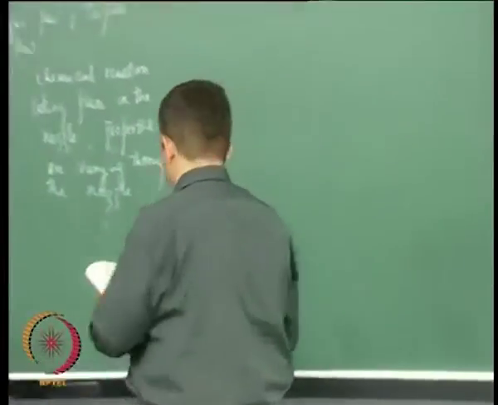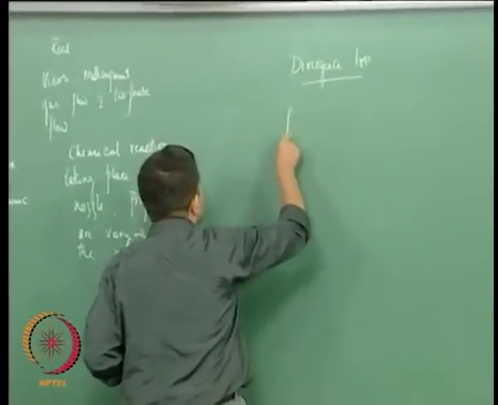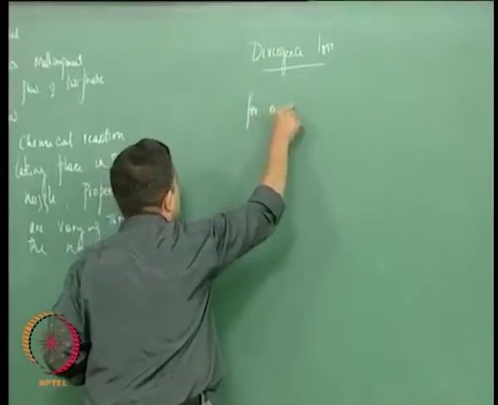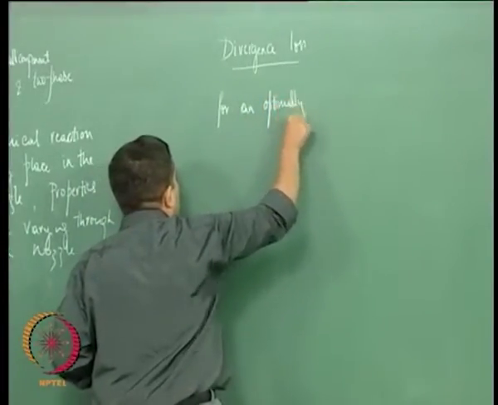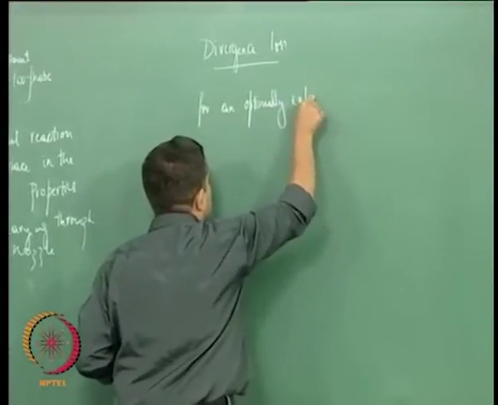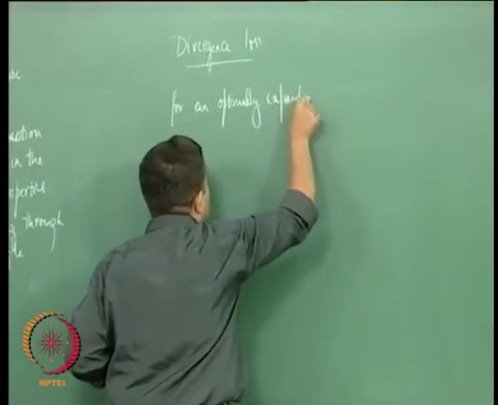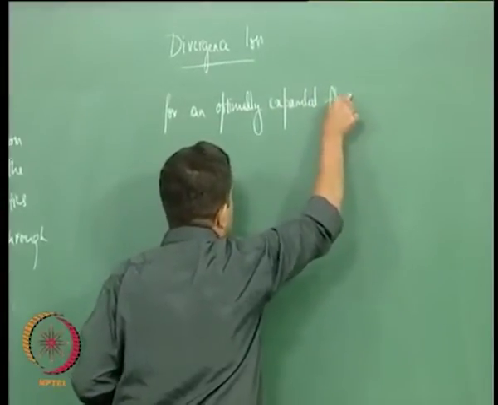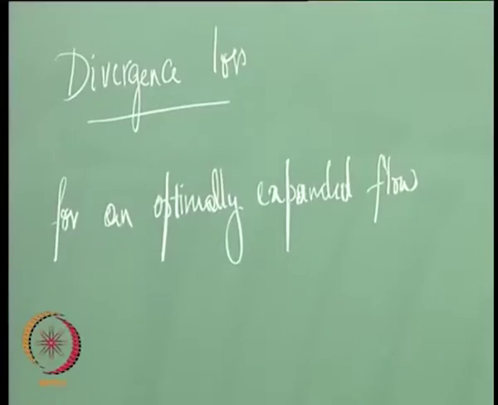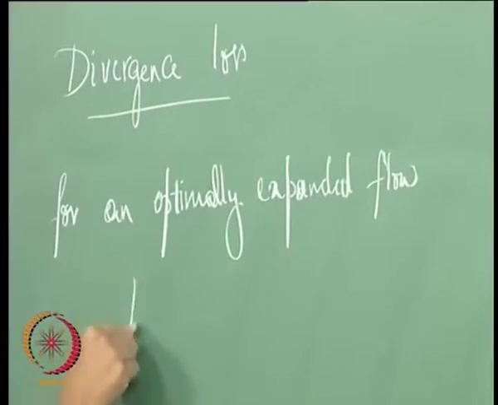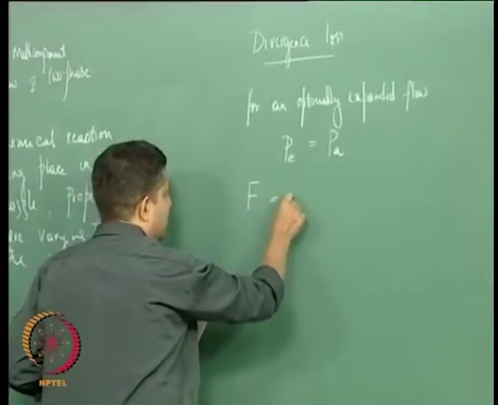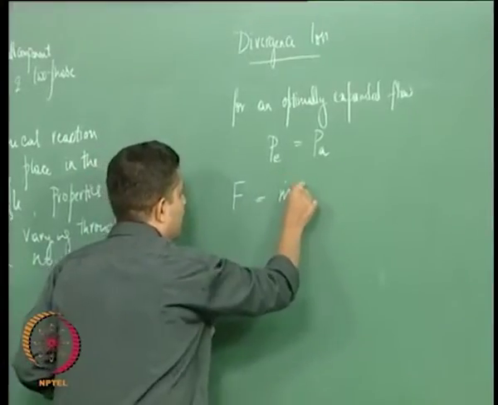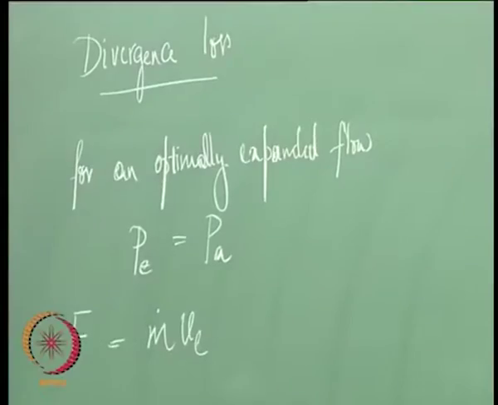So, if we assume optimally expanded flow, then we know that P exit is equal to P A, and therefore our thrust equation becomes F is equal to m dot U E.